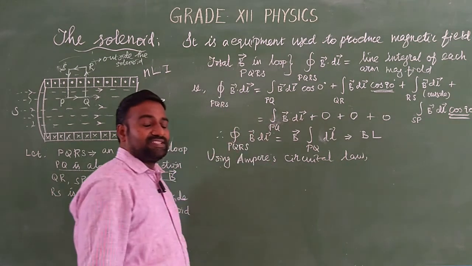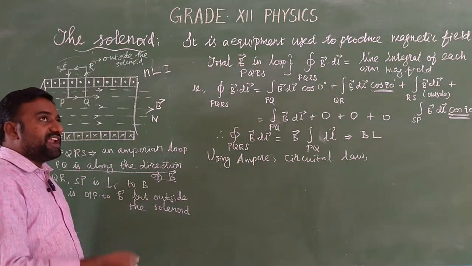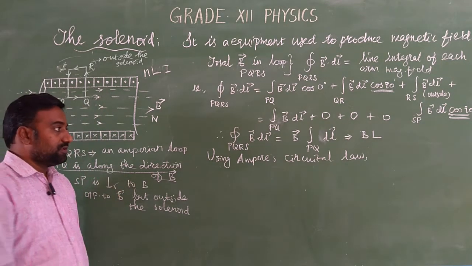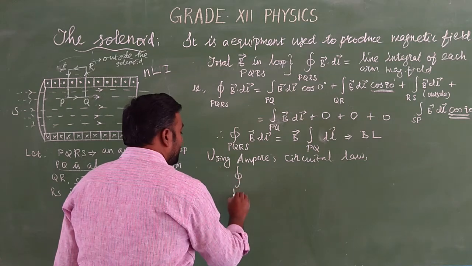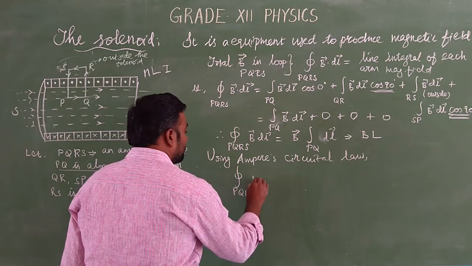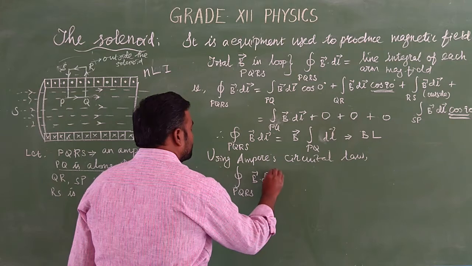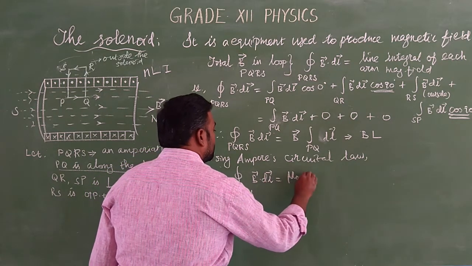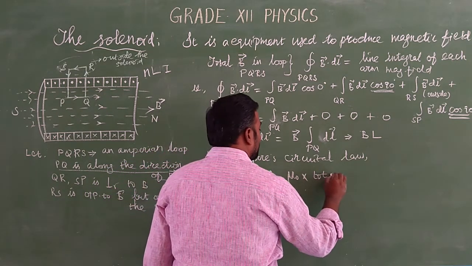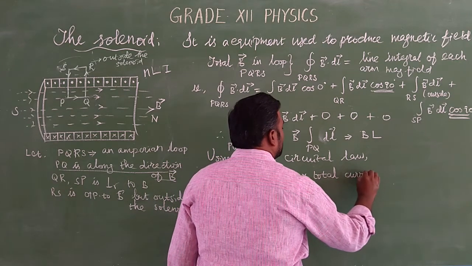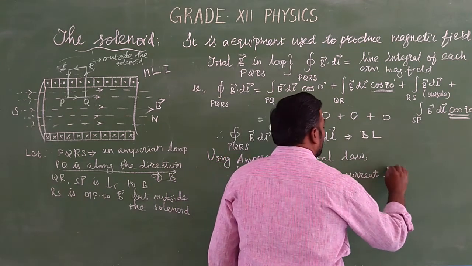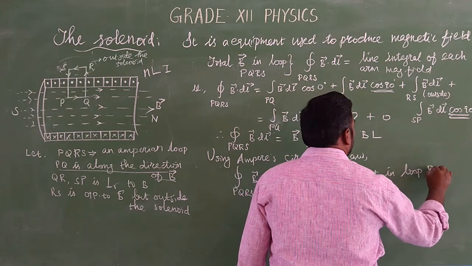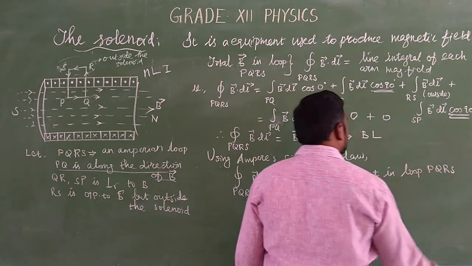What does Ampere's circuital law say? The total magnetic field integral over any closed surface is equal to mu naught times the total current enclosed in the loop PQRS.